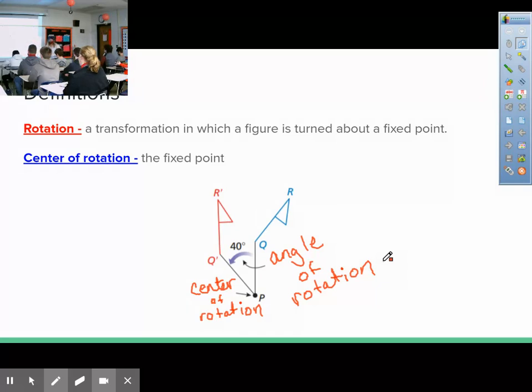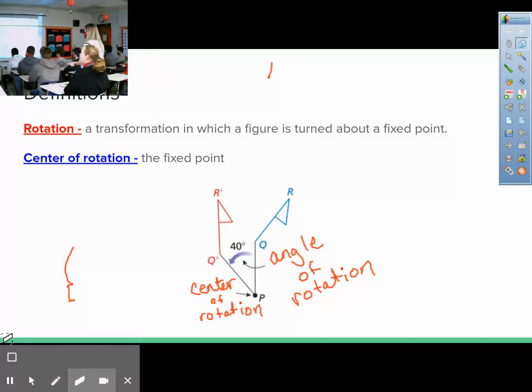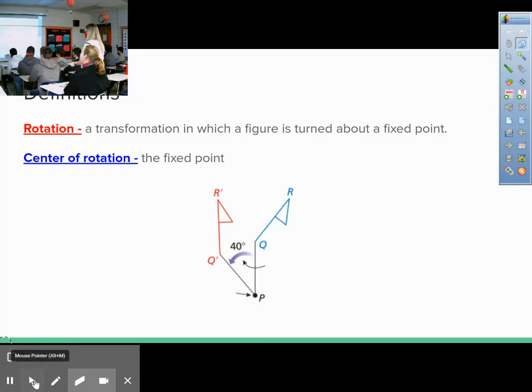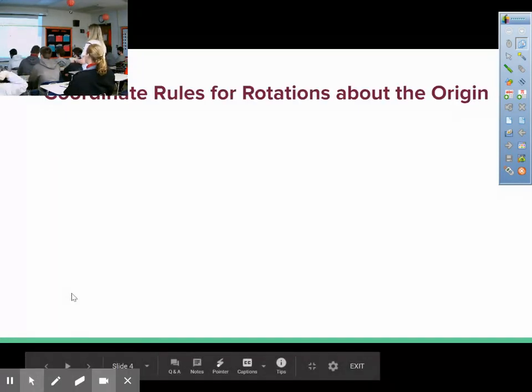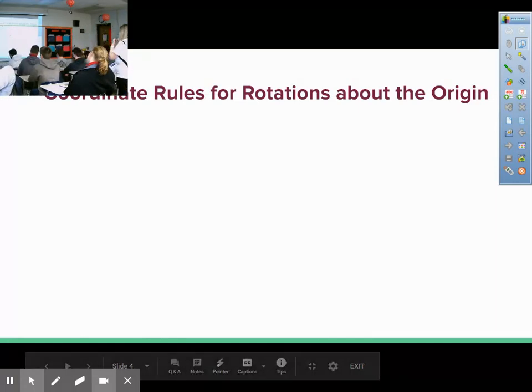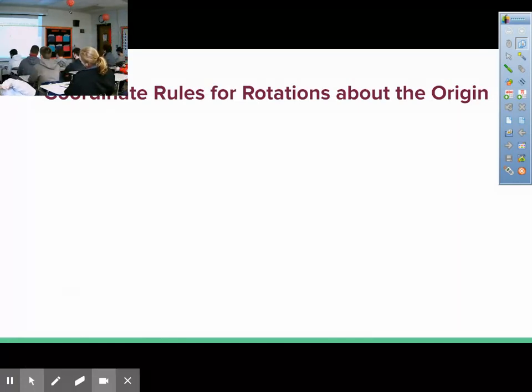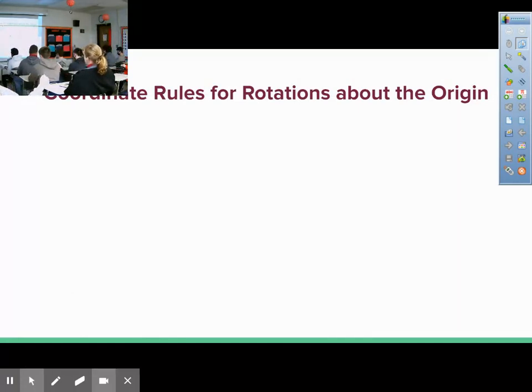Alright, so let's do some examples. Well, first let's go over some rules. Coordinate rules for rotations about the origin. I'm only going to have you do rotations about the origin, so that way we can use these special rules every single time.